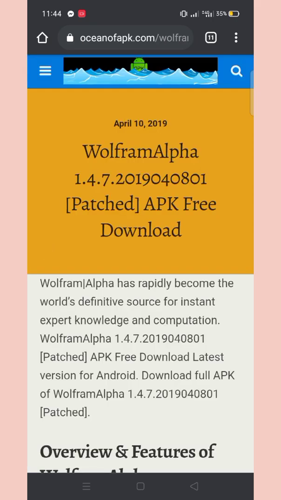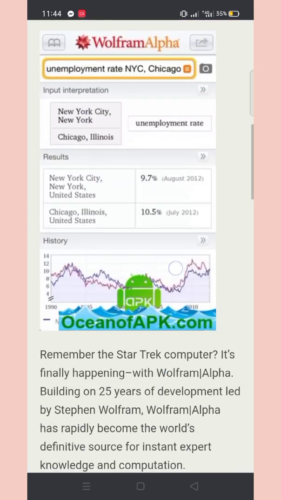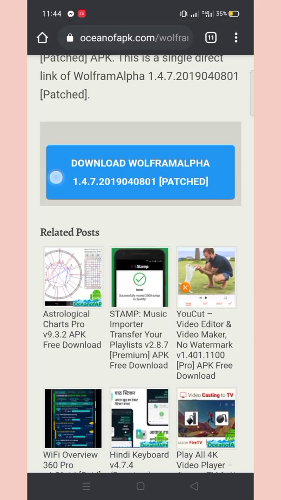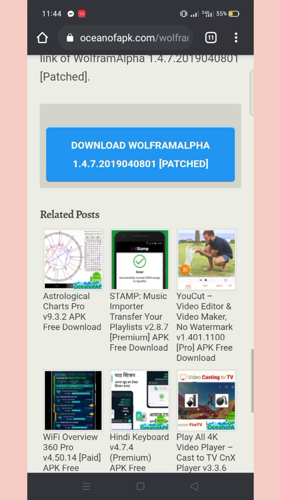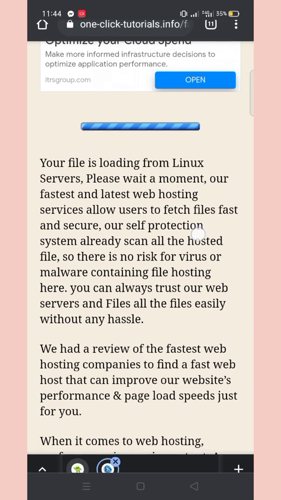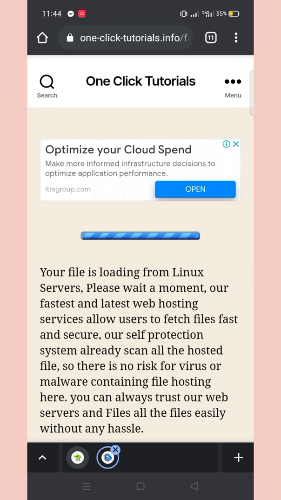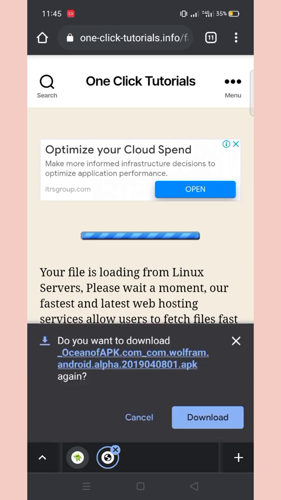Let us wait. Then scroll down. We can see the download Wolfram Alpha. Let's click it and wait. So let's scroll down again and just wait.